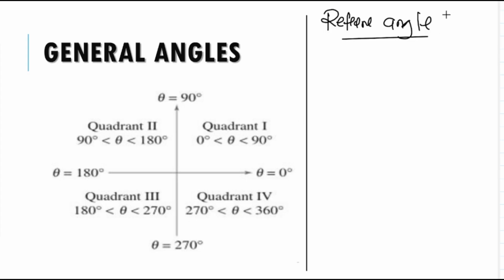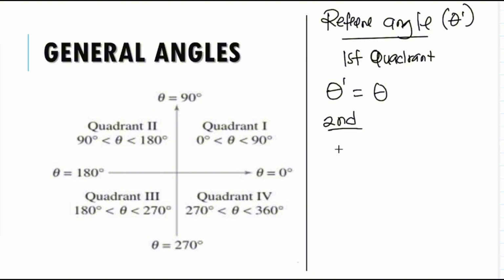So to define the reference angle, let's say theta prime, in the following. So theta prime for the first quadrant, the acute angle there is equal to the same theta. And then for the second quadrant, the acute angle for calculation is given to be 180 minus theta.